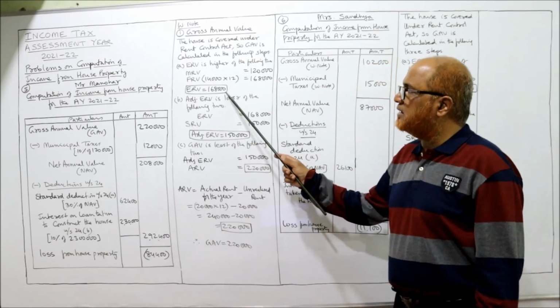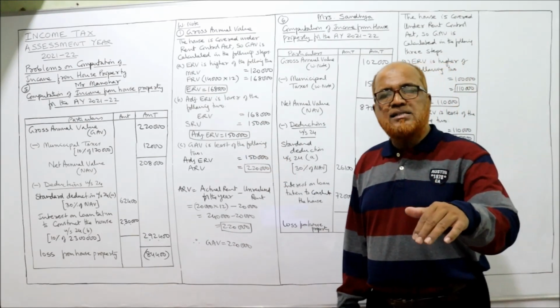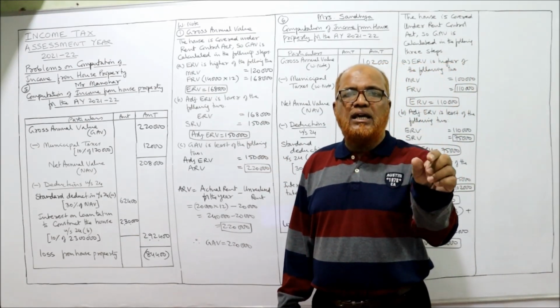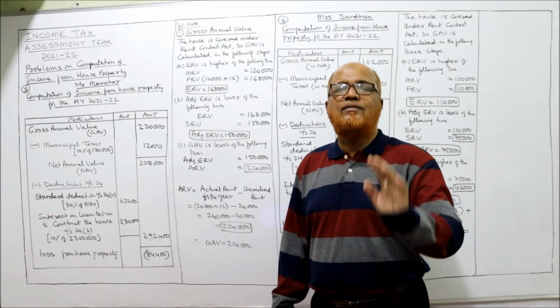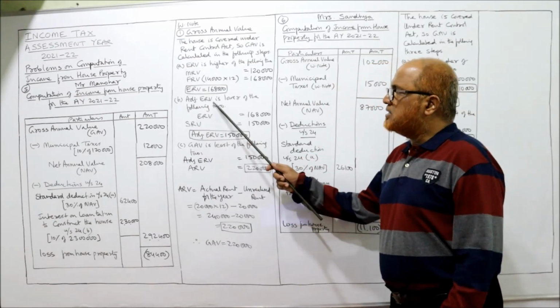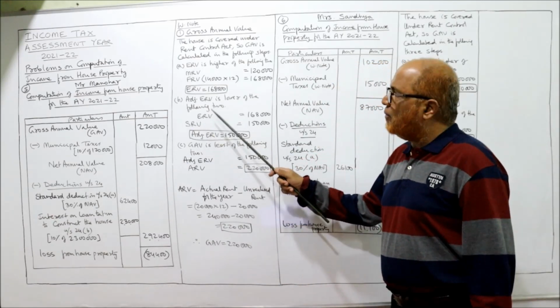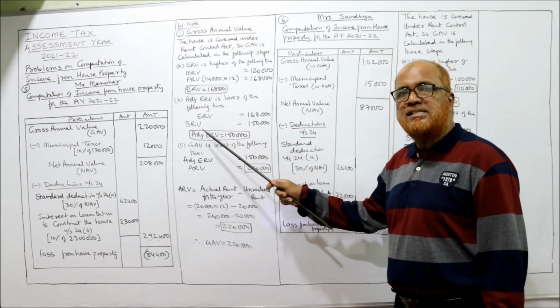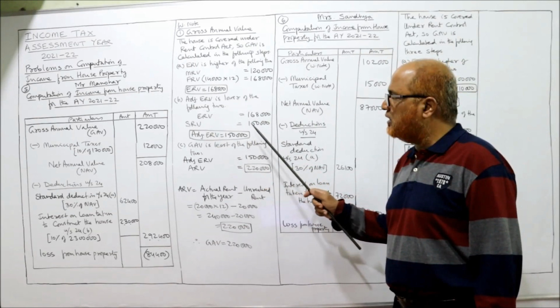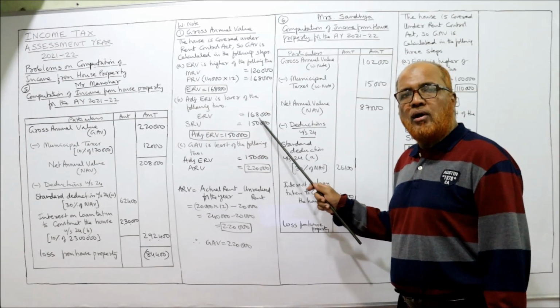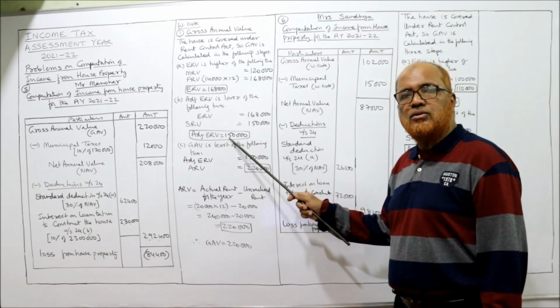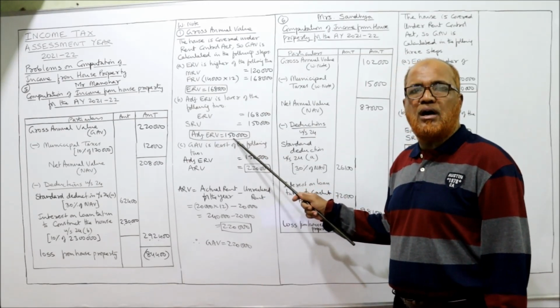So 1,68,000 is the ERV. Second step, adjusted ERV is the lower of the following two. ERV, how much we got? 1,68,000, or SRV, standard rental value, given in the problem as 1,50,000. Lower of these two is 1,50,000. This is the adjusted ERV.